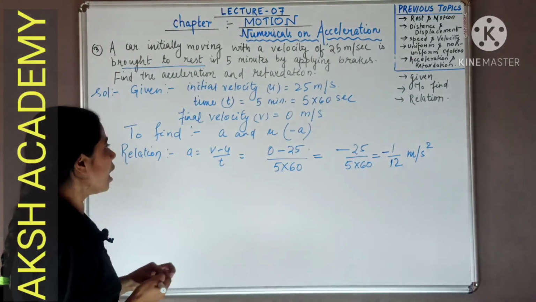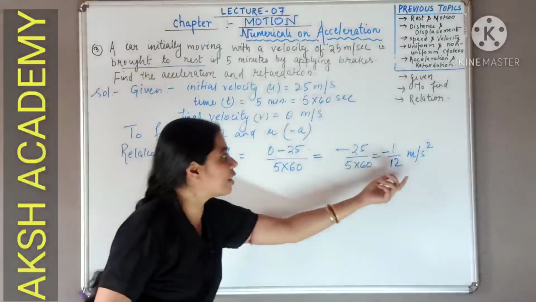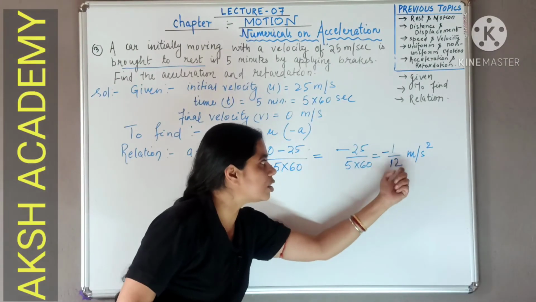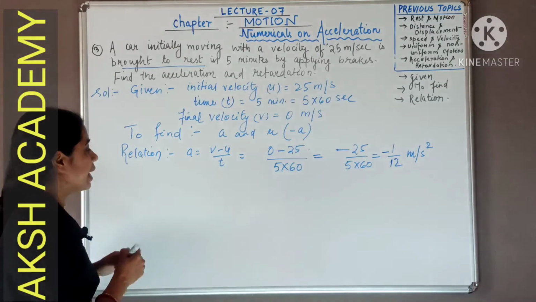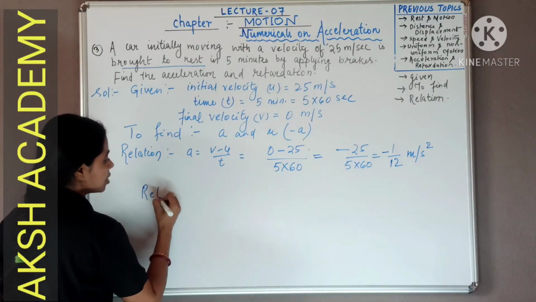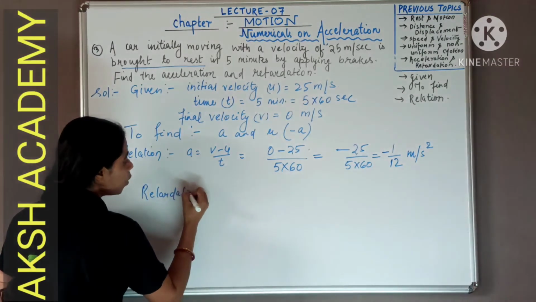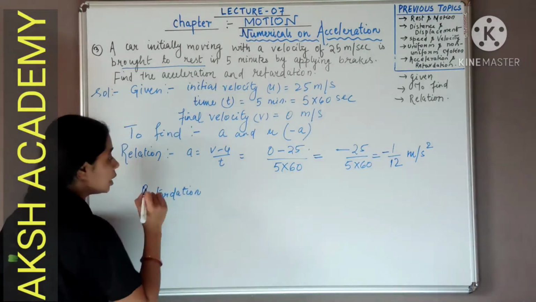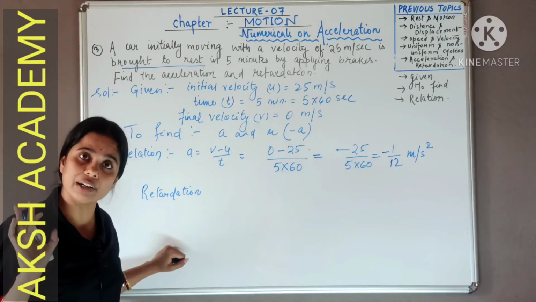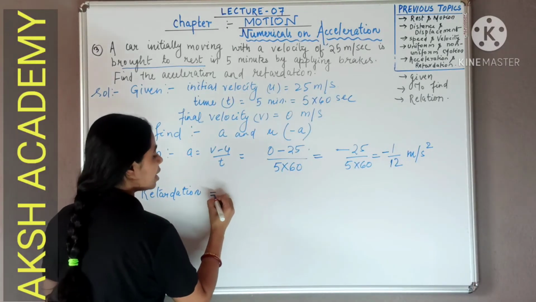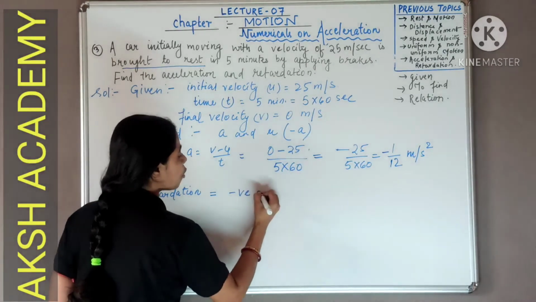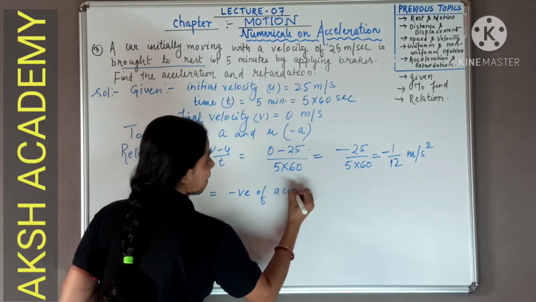Now you see, the acceleration is minus 1 by 12 meter per second square. What next you have to find? Next is your retardation. Until now, we have not learned the formula for retardation. But we have learnt a relation that retardation is equal to negative of acceleration.